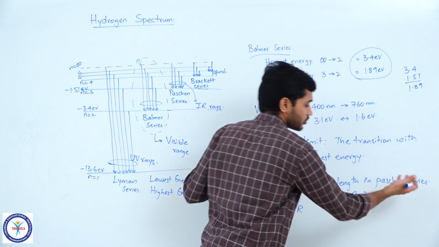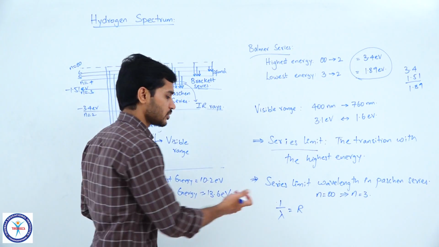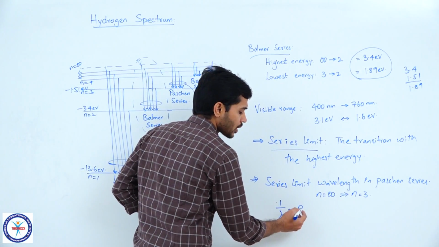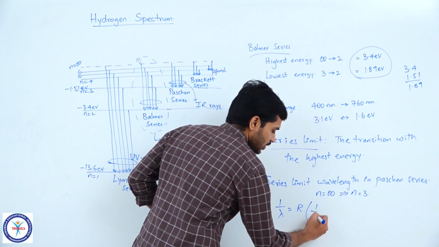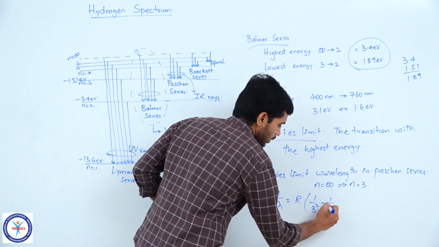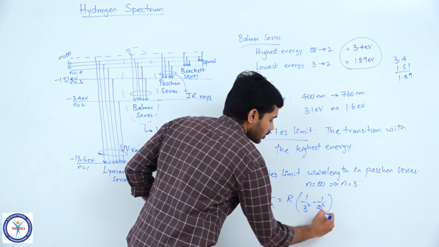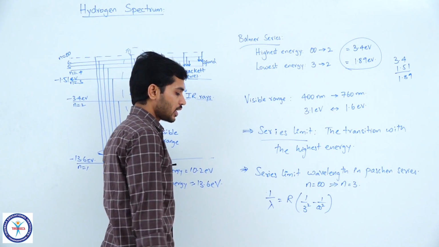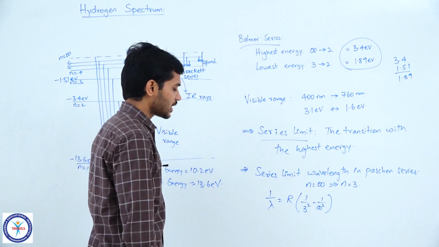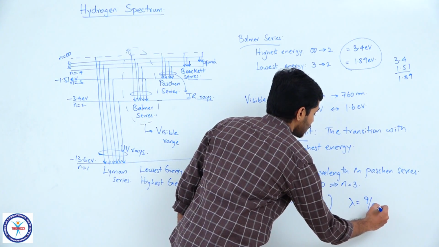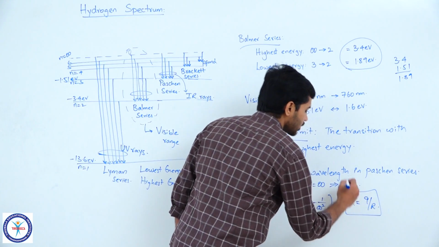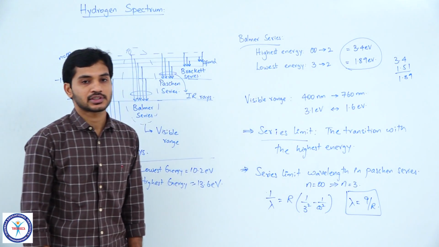Paschen series means hydrogen atom, so Z will be 1 here. So R into 1 by 3 square minus 1 by infinity square. Solving this, you would see that the value of lambda is equal to 9 by R. That would be the series limit of Paschen series.